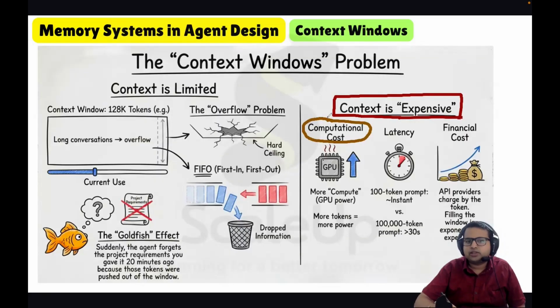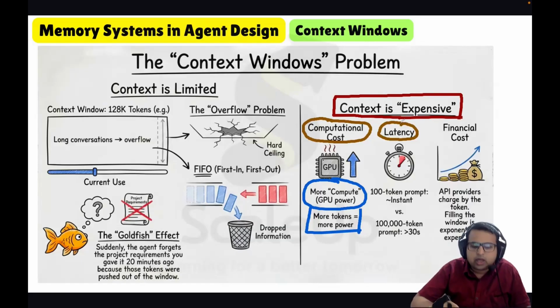If we keep on increasing the size of the context window, then definitely we will need more compute, GPU power, to process. As we keep on increasing the context window, the computational cost will increase. So more tokens implies more power. That's why context is expensive.